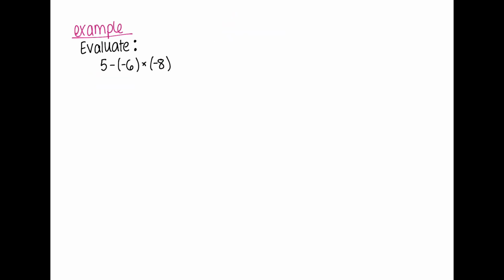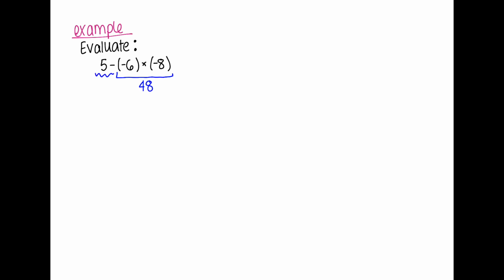One more for good luck. All right, we don't have any parentheses besides these ones right here, but those don't count because there's nothing inside to simplify. No exponents. Multiplication and division happen first. So right here, I see 5 minus, and then I see two numbers being multiplied. So I will do that first. Negative 6 times negative 8, two negatives multiplied together make a positive, and I'll get 48.